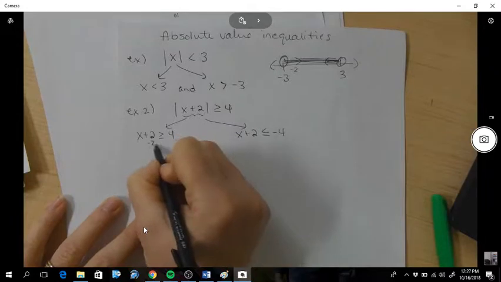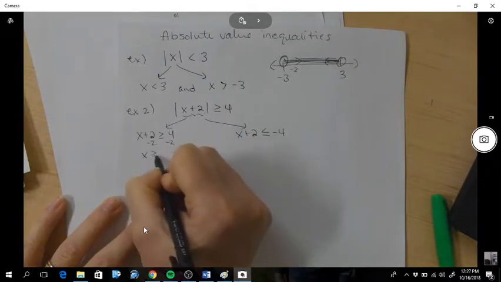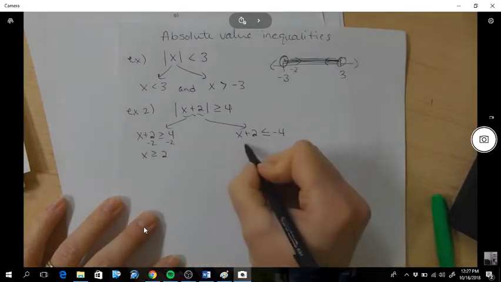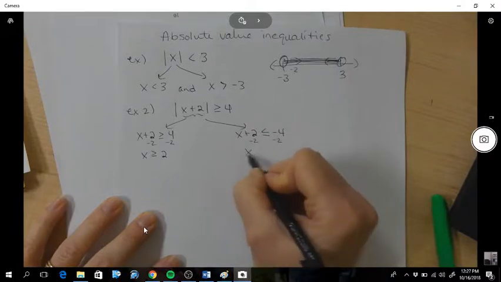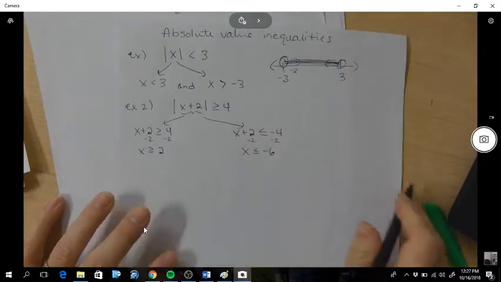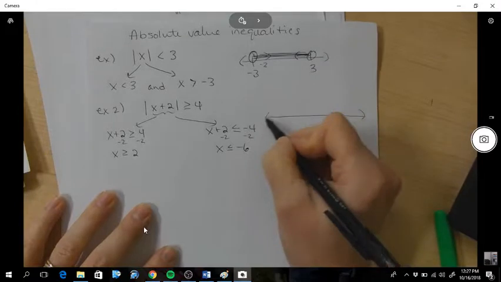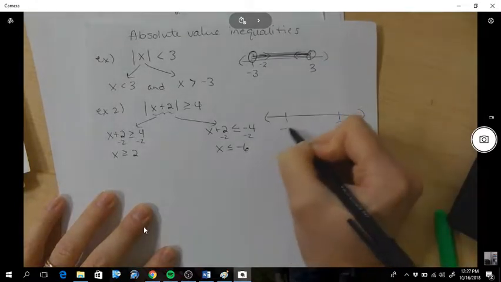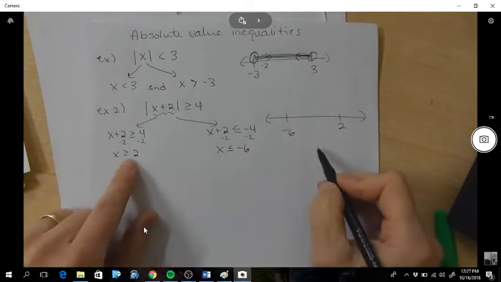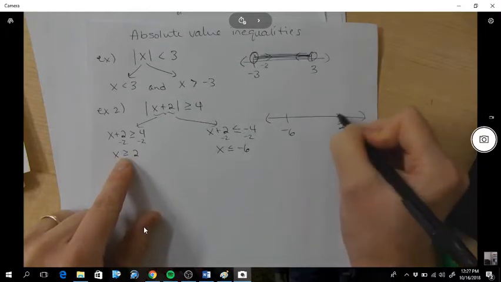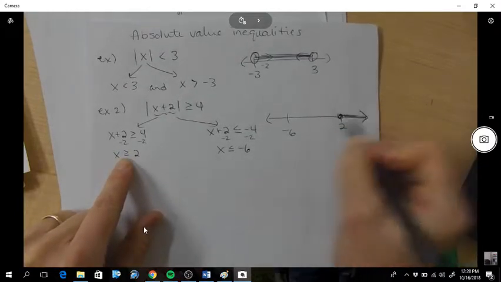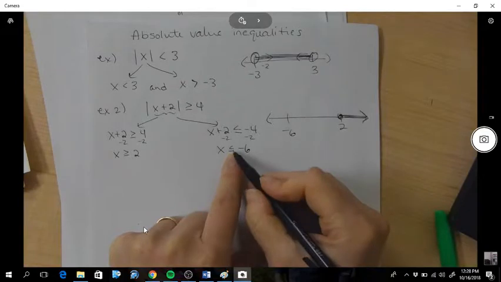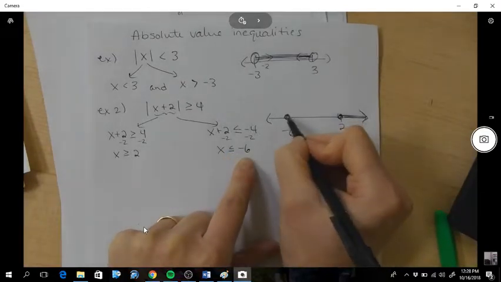Now we get rid of the 2 and we get rid of this 2. So this time, if I think about my solutions on a number line, I have 2 and -6. I'm anything larger or equal to 2. I'm anything less than or equal to -6.